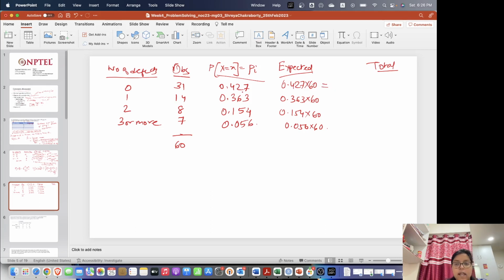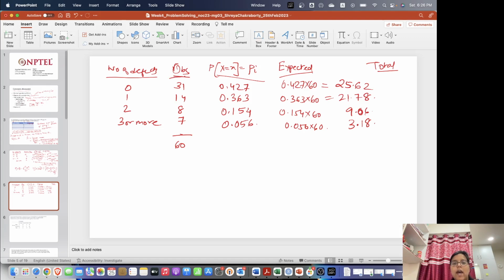So how much do we get? The expected frequencies: this will be 25.62, this will be 21.78, this will be 9.06, and finally this will be 3.18.